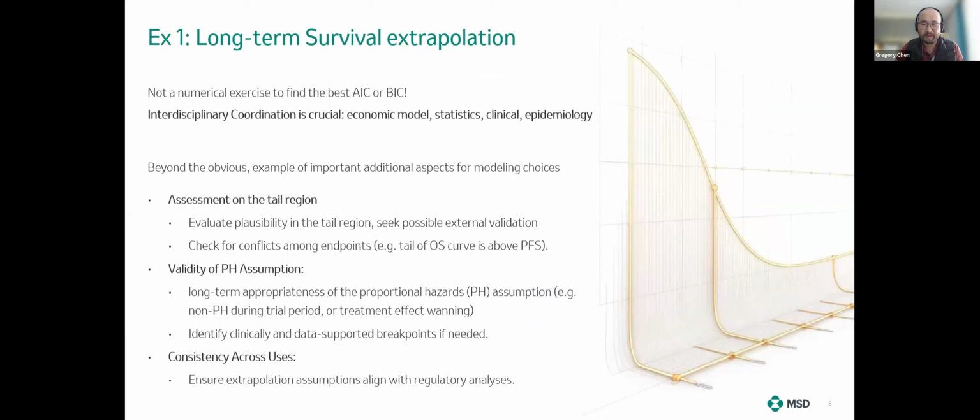Let's maybe begin with a topic that many of you are likely familiar with, the long-term survival extrapolation. This statistical analysis is primarily used to derive input to support the economic model. However, it's important to note that it's not merely a numerical exercise aimed at finding the best AIC or BIC.